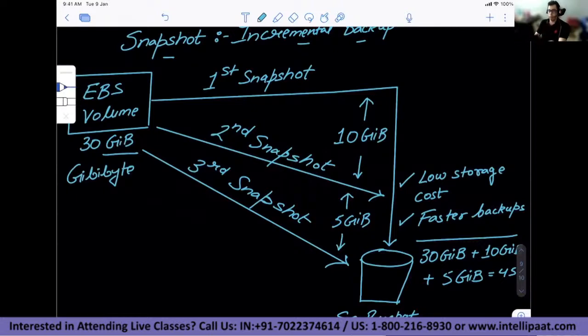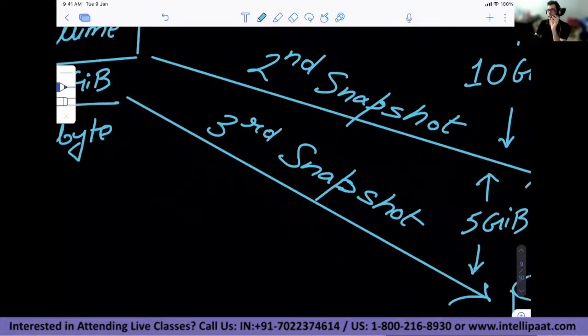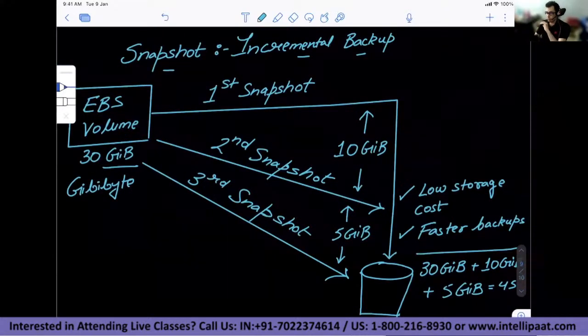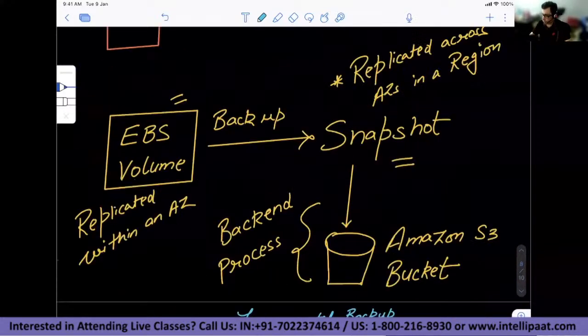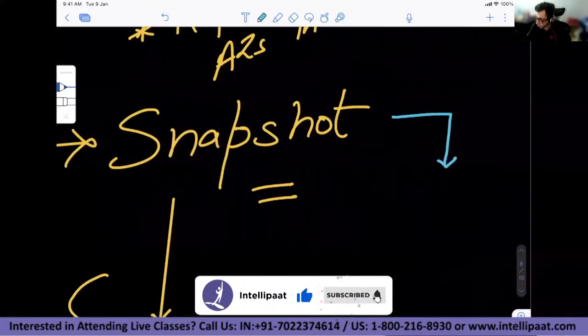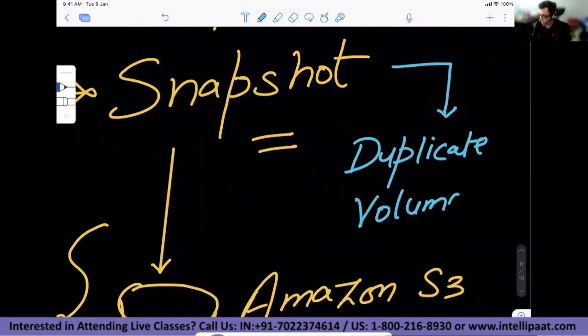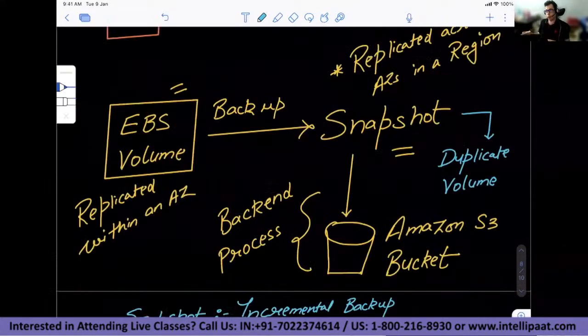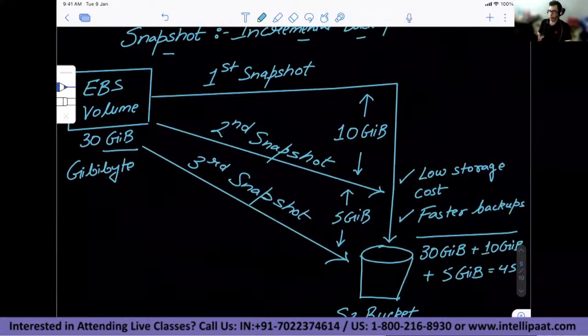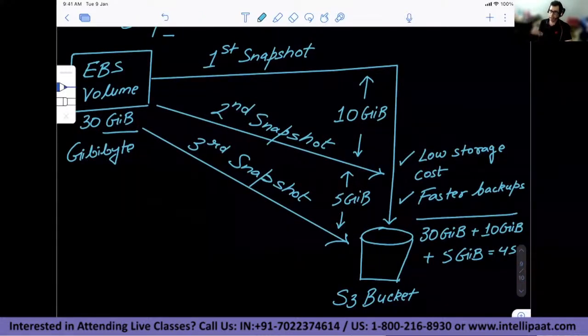Okay. Now there's another part of the story. If you're able to retain the latest snapshot, from the snapshot you can also create a duplicate volume. If you retain the latest snapshot and carve out a volume from it, it will encapsulate the data of that snapshot and all the previous snapshots.